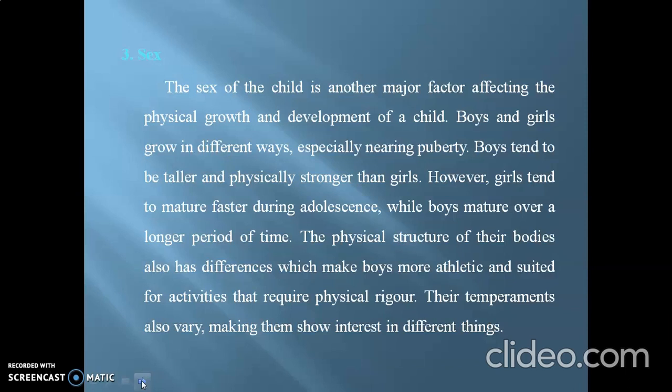The physical structure of their bodies is also different, which makes boys more athletic and suited for activities that require physical rigor. Their temperaments also vary, making them show interest in different things.